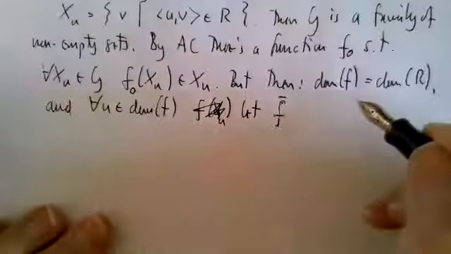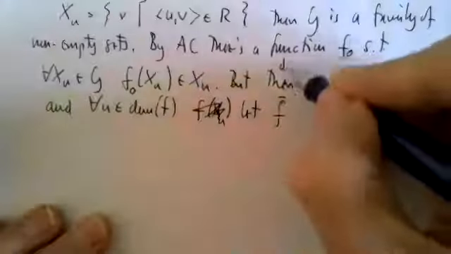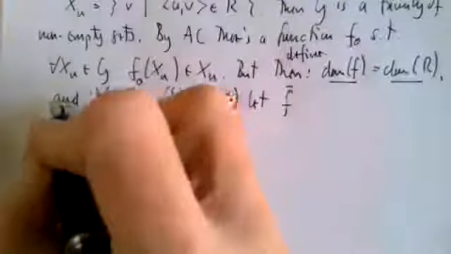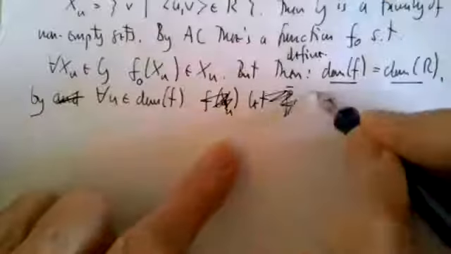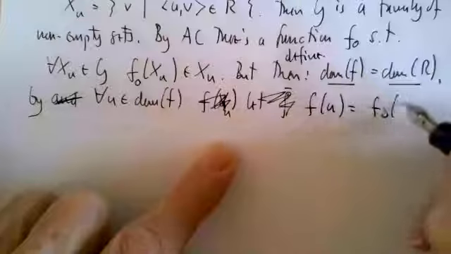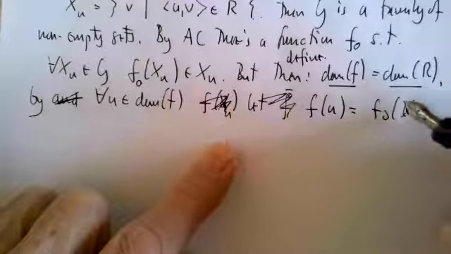Then we'll define a function F, which has the domain of R, by, for all U in the domain of F, we'll have that F of U is this F0 of XU.